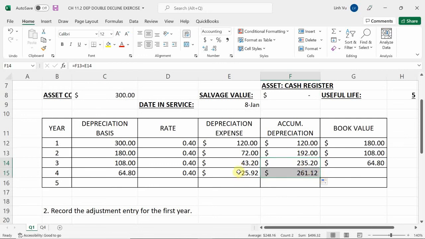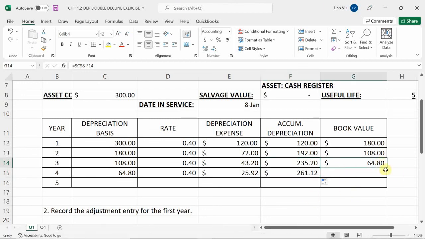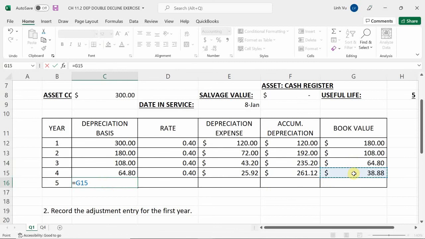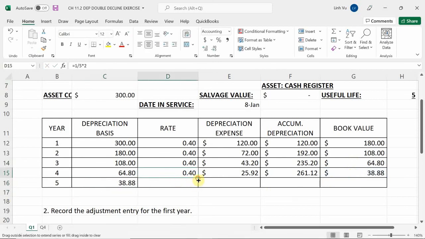We're going to take 25.92 plus 235.20 to give you 261.12. So therefore, what's my book value going to be? 38.88. Okay. So let's carry on to year 5. Rate's going to be 40%. So what is going to be my depreciation expense for year 5?